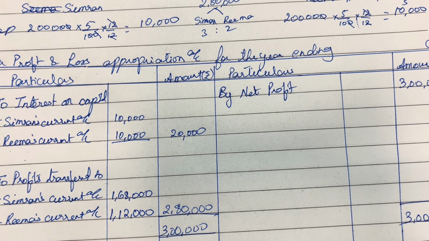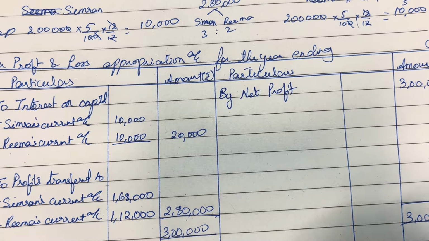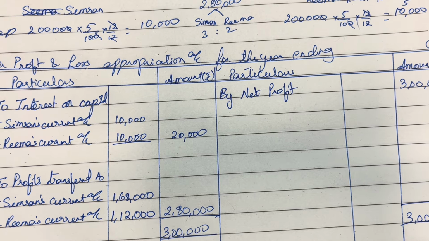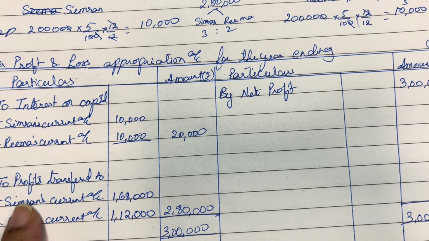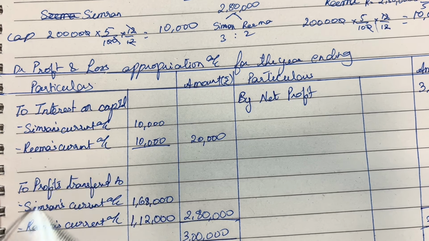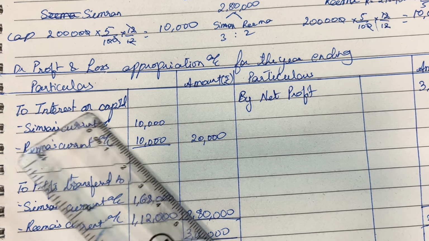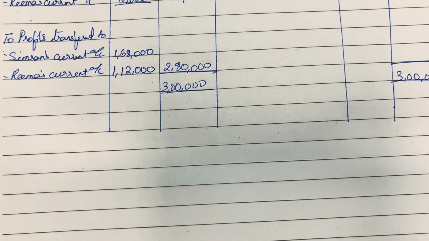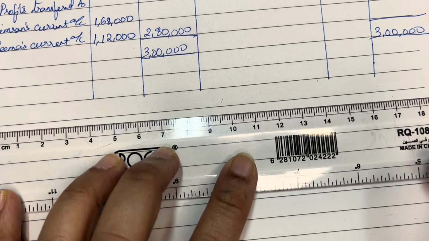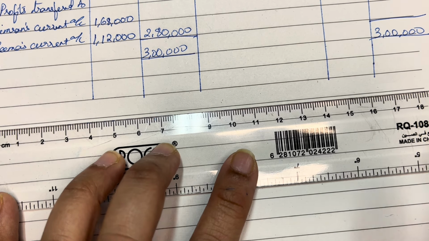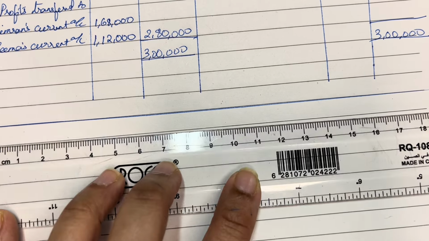Now after profit and loss appropriation account, we are also asked to pass the journal entries. Okay, so let's prepare the journal entries. Now we can prepare the journal entries with the help of our profit and loss appropriation account. It becomes easier for us. So first, before that, format is important.